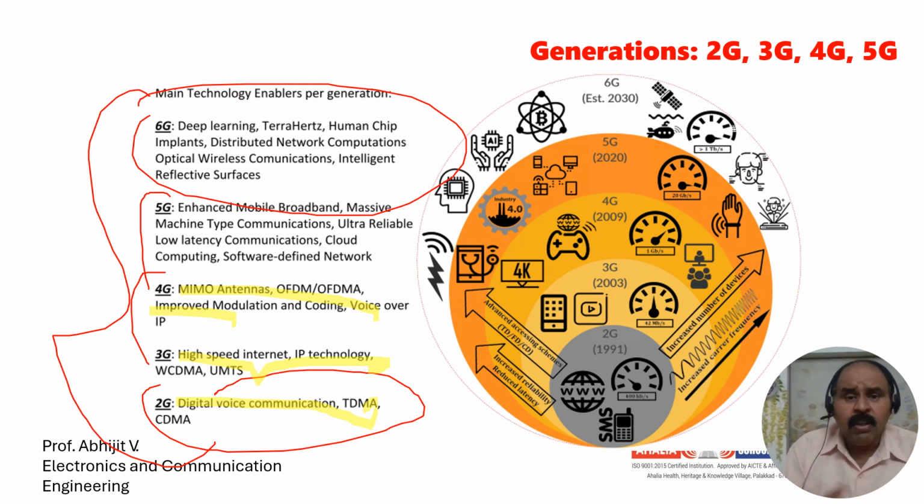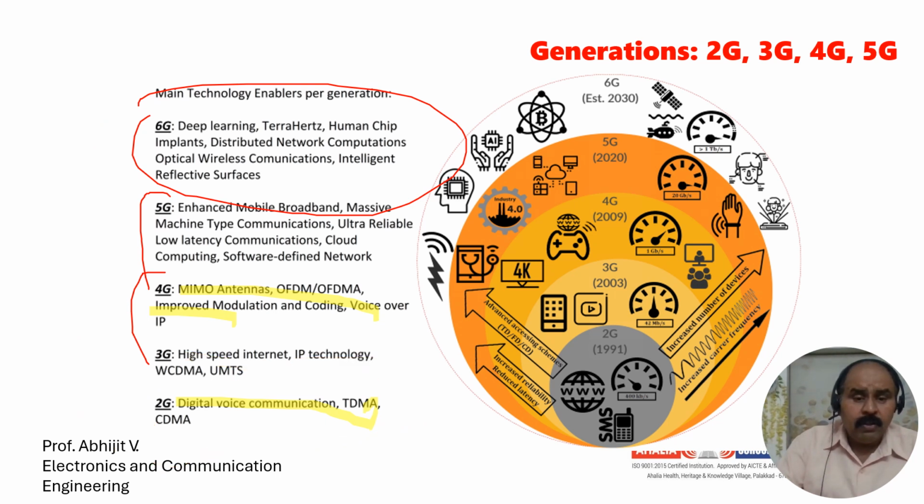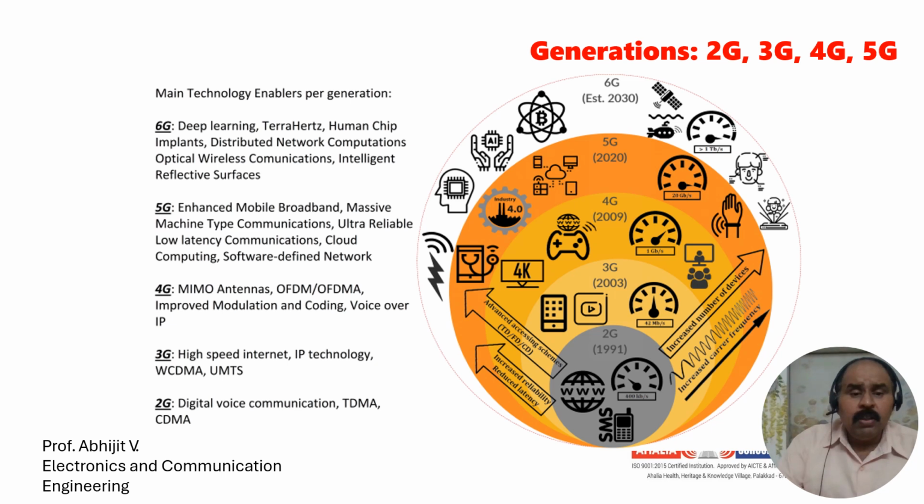People are going to live at higher standards by using more automated machines, machines that could think or do the required processes like human beings are doing. So this is how the technology is changing rapidly from 2G to 6G.